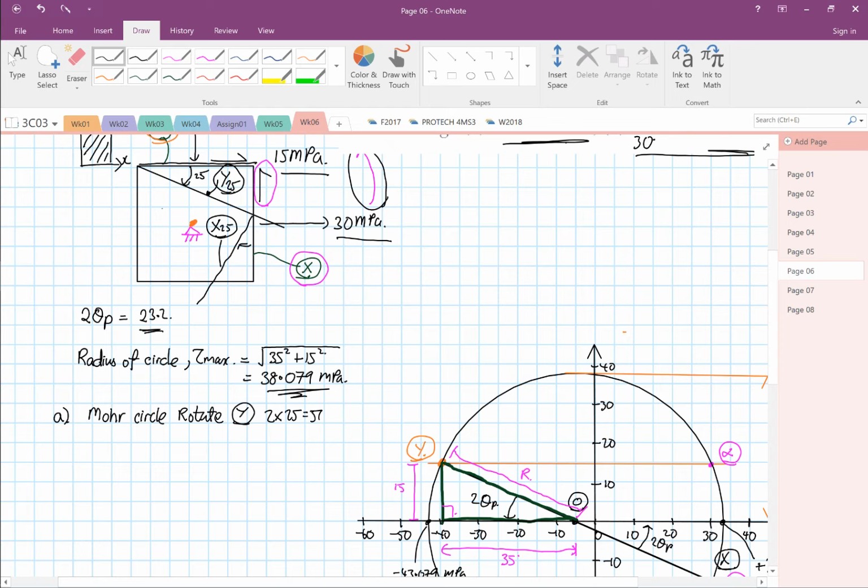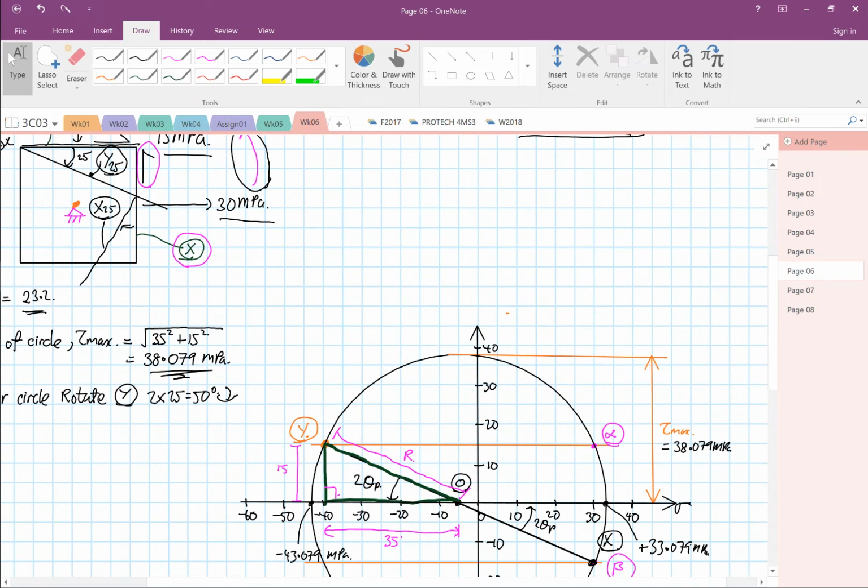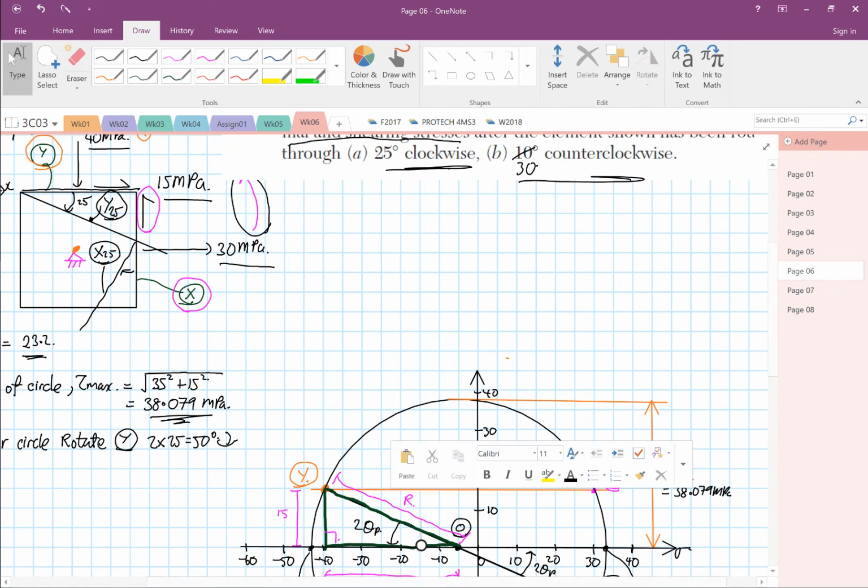So it's going to be a rotation of 50 degrees, and we're going to rotate in a clockwise direction from point Y. So a 50 degrees rotation will bring us somewhere around here. So that is our 50.